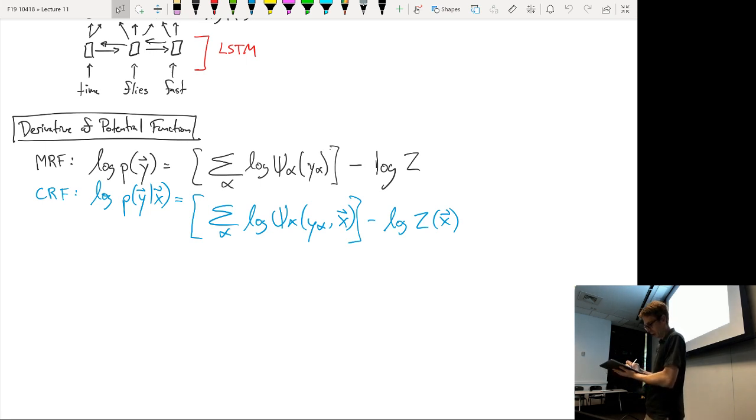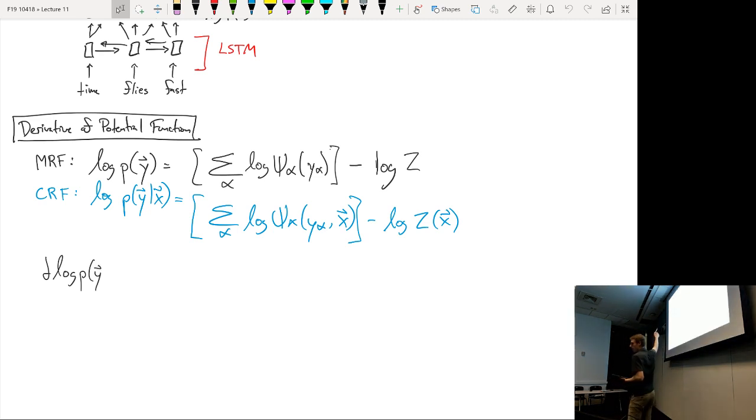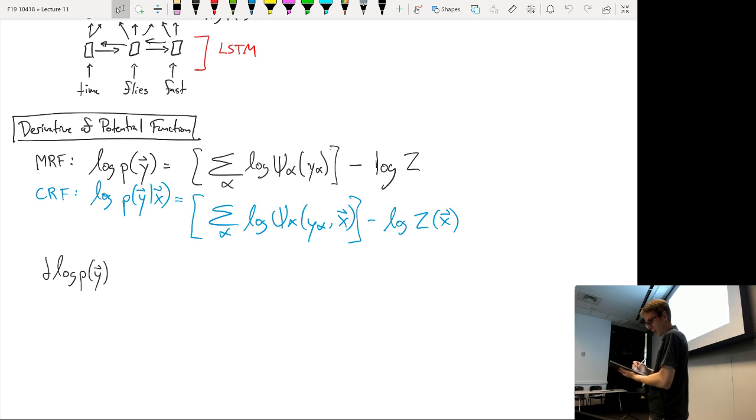We want the derivative of log of P of Y. I'm going to work with the MRF case, because the CRF case is identical, it just includes a bunch of conditioning on X. So the derivative is with respect to the log of psi alpha.